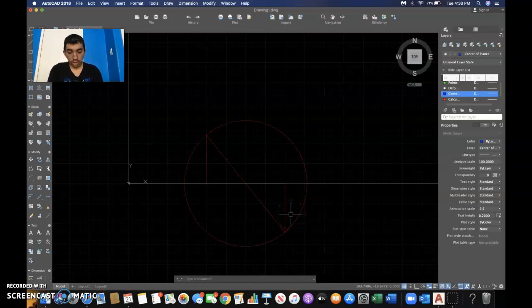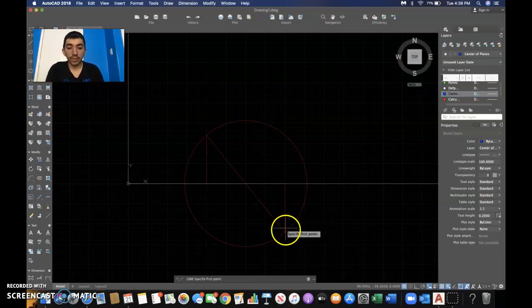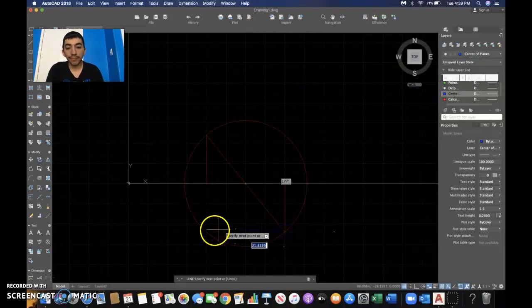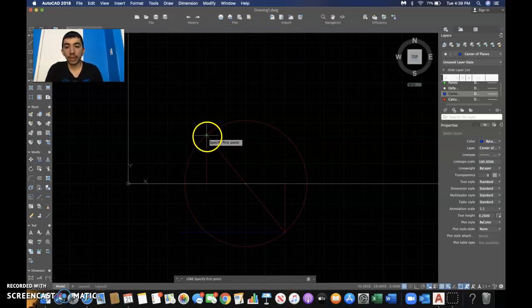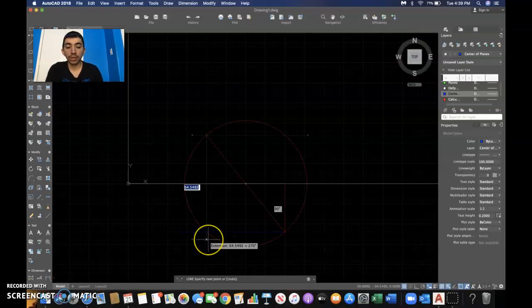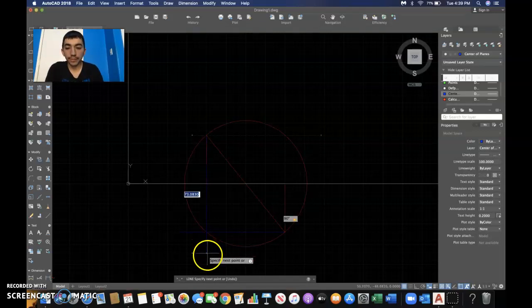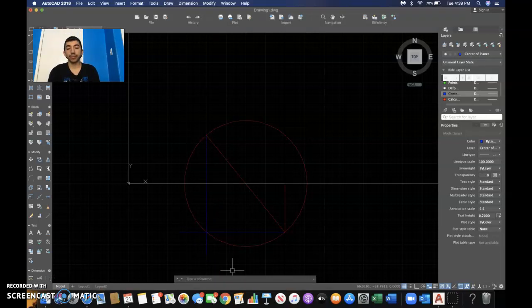So it's on the horizontal, so I'm going to draw a line from the horizontal of this point right here. And now this other point is a vertical point. I'm going to draw a vertical line from this point. And right here is the center of planes.